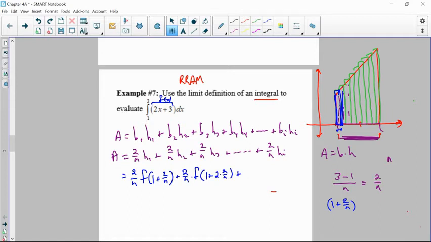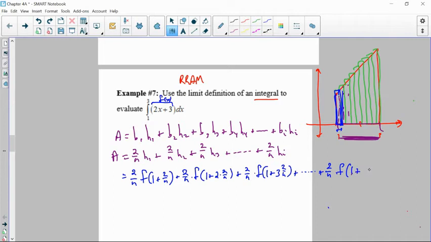And then the next rectangle would be the base, 2 over n, times f of 1 plus 3 of those increments. And we just keep going and going until we get to the very last one. And that very last one would be, again, the base of still 2 over n times f of 1 plus, if we have i of them, i of those increments.